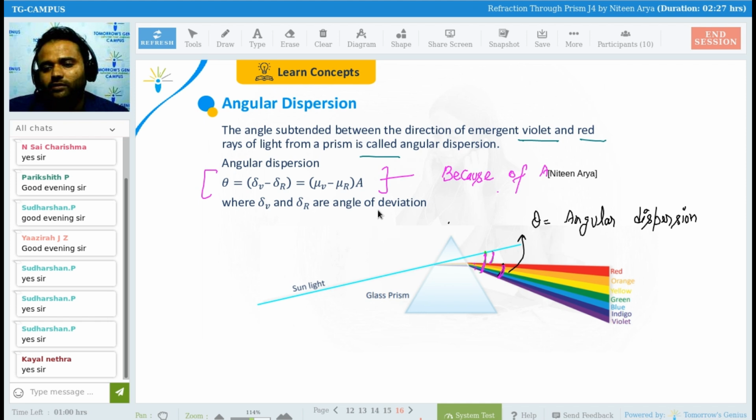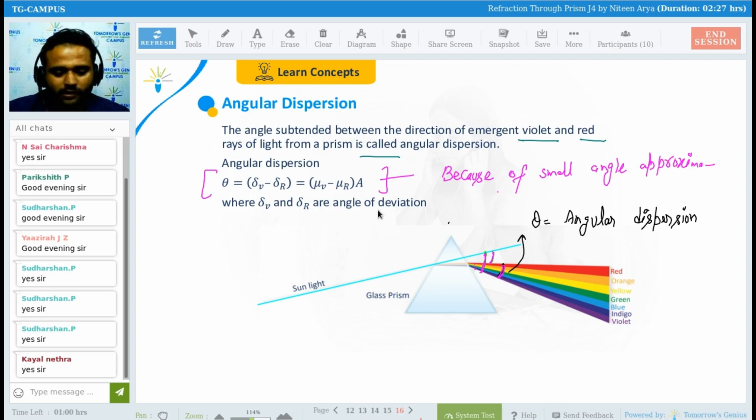Because of small angle approximation, what can we do?